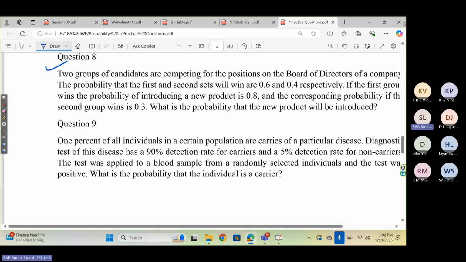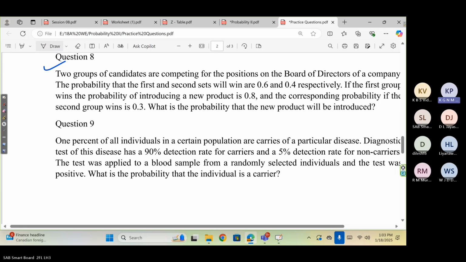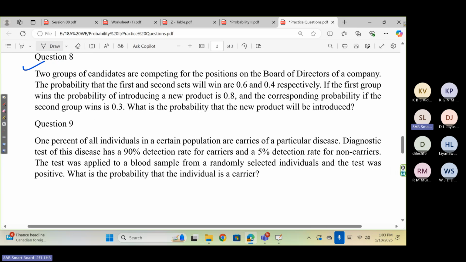Then here, two groups of candidates are competing for the position on the board of directors of a company. The probability that the first and second sets will win are 0.6 and 0.4. Okay, then two groups are there.